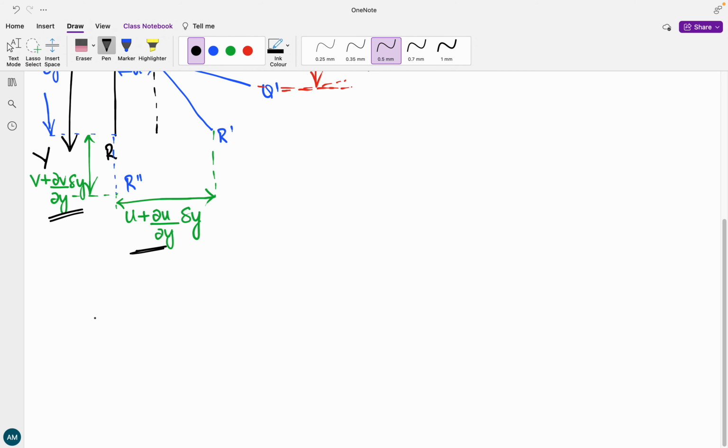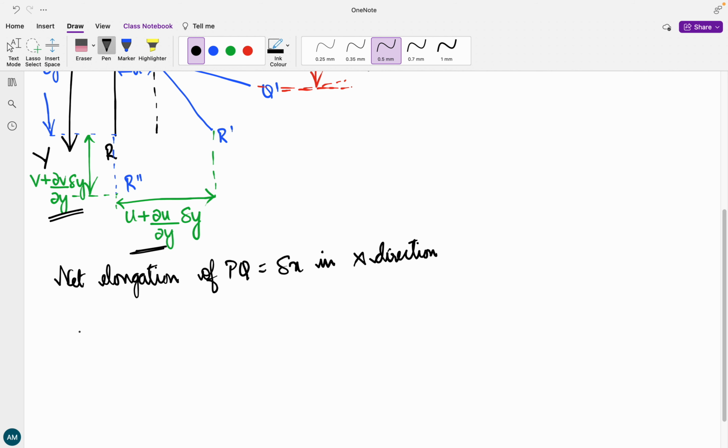Going forward to find the net elongation of PQ, that is delta x, and this is along the x direction. I can write it as U plus dou U by dou x into delta x minus U. U gets cancelled, so it is dou U by dou x into delta x.